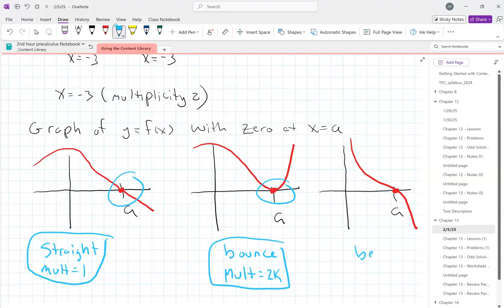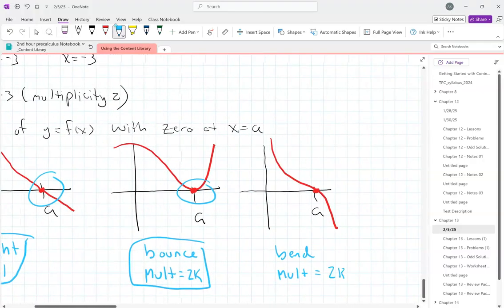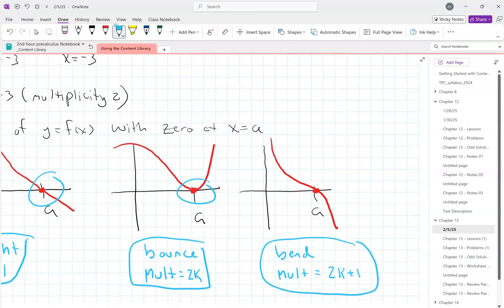And the last one is called a bend. And here the multiplicity is 2k plus 1. It's going to be odd, but it has to be bigger than 1. So to have multiplicity 3 or 5 or 7, a little greater than 1.